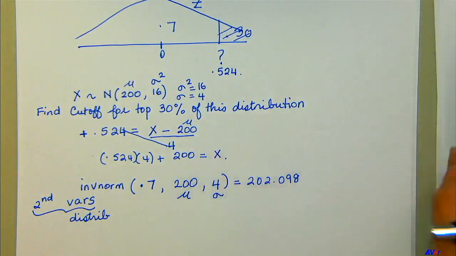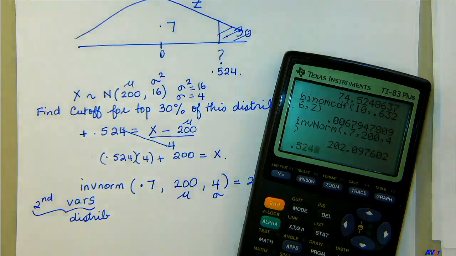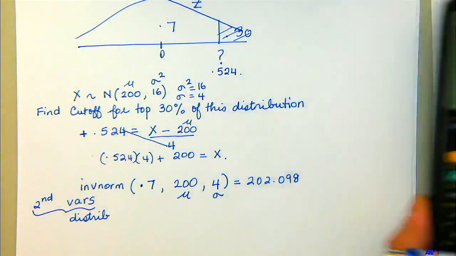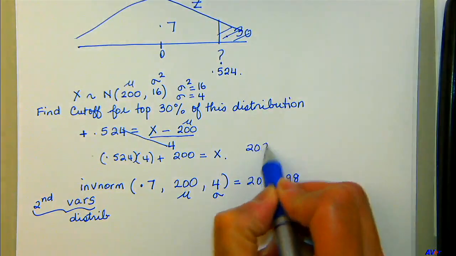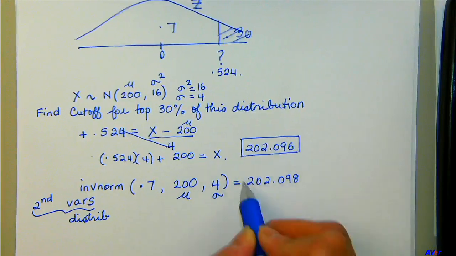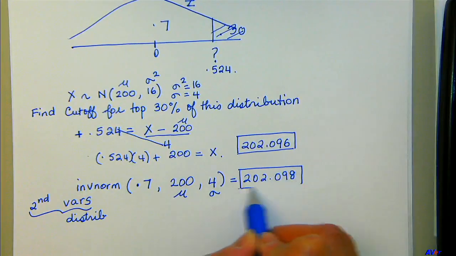And what did we get? 0.524 times 4 plus 200: 202.096. So I'm good with the difference. It's not a big deal. Get it?